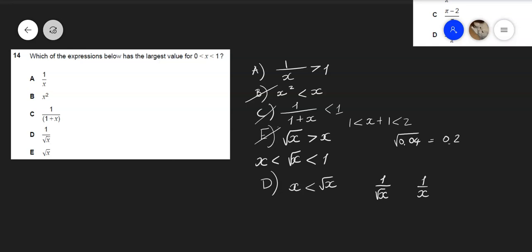So we said that square root x is larger than x, so I divide 1 over a larger number and compare it with 1 divided by a smaller number. And it is clear then that 1 divided by a smaller number is greater than 1 divided by square root x. Therefore, we can make the conclusion that the largest value is 1 over x. This is option A.